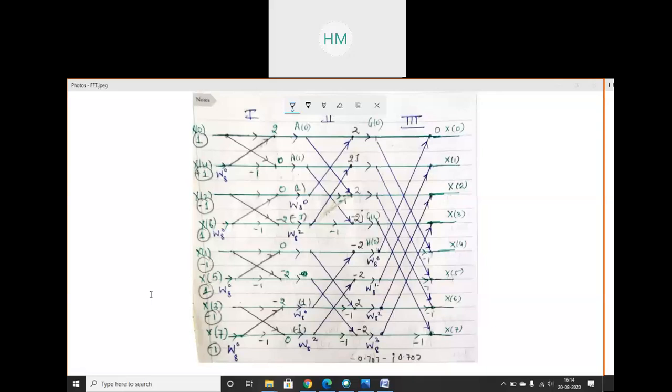Next is minus 4j. x of 2. x ऑफ 2 में तुम्हारा आएगा g ऑफ 2. क्या है तुम्हारा? g ऑफ 2 इज 2.